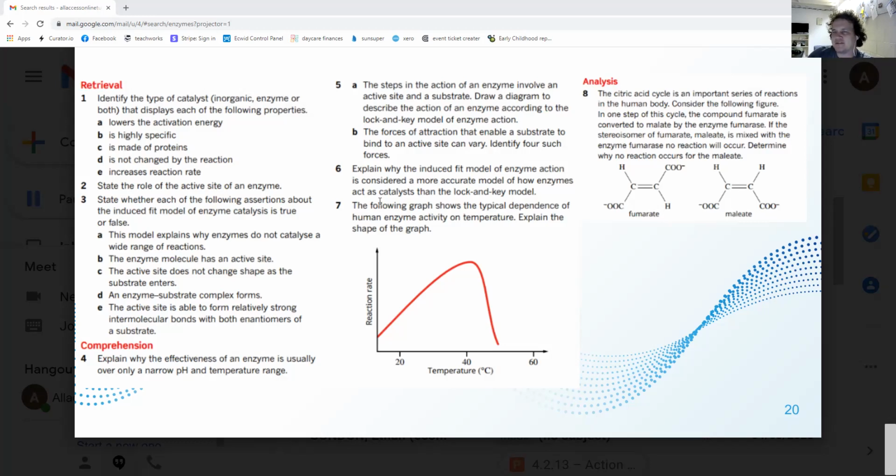So the shape of the active site is dependent on the structure of the protein. When you heat up the protein, you actually change the conformational shape. The reason it changes with the pH is because we add H plus or add OH minus, it changes the charge on the R groups on the amino acids.